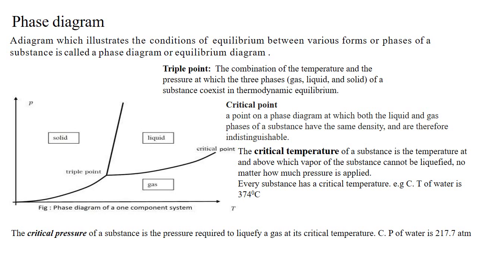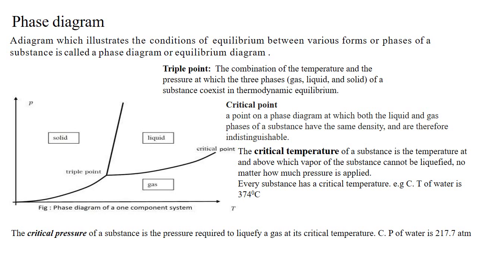Every substance has its own critical temperature, e.g. critical temperature of water is 374 degree centigrade. Critical pressure of a substance is the pressure required to liquefy a gas at its critical temperature.